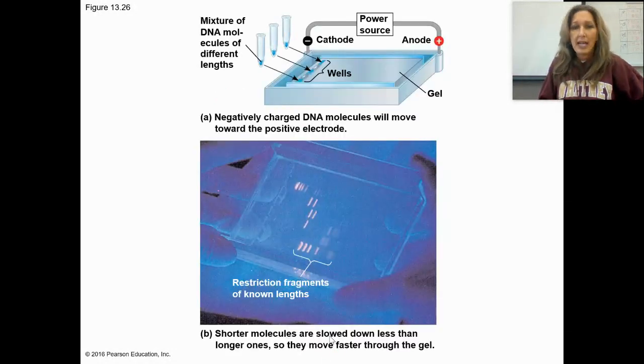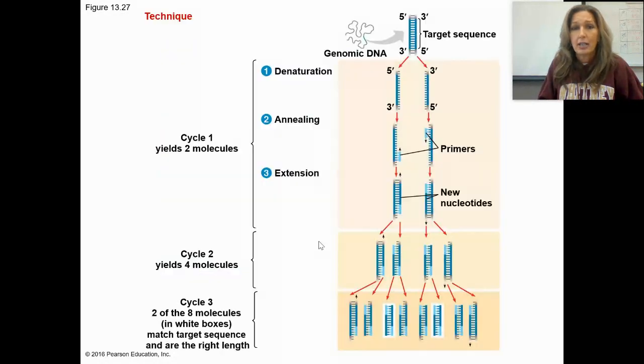Now, some other techniques that get used: here, what we're understanding is gel electrophoresis, and we're using restriction fragments to separate out DNA fragments. So make sure you watch the video on different biotechnology techniques and what that would look like.